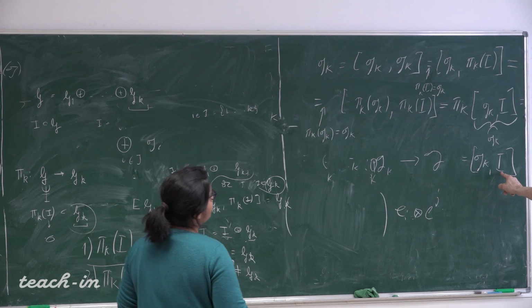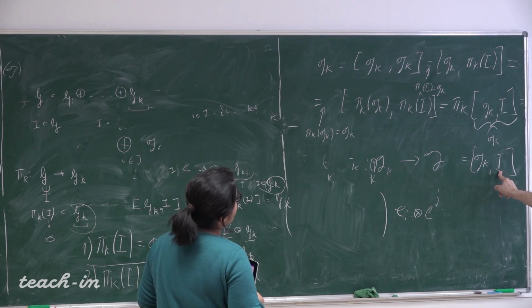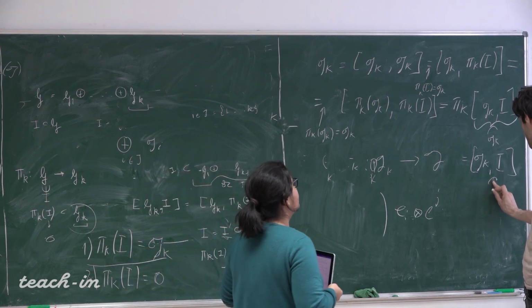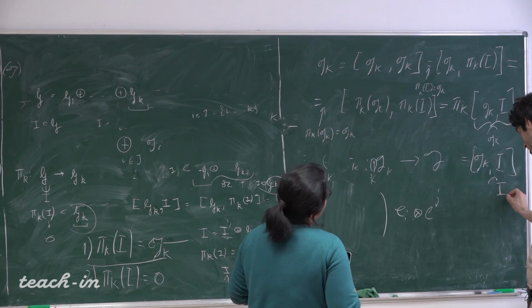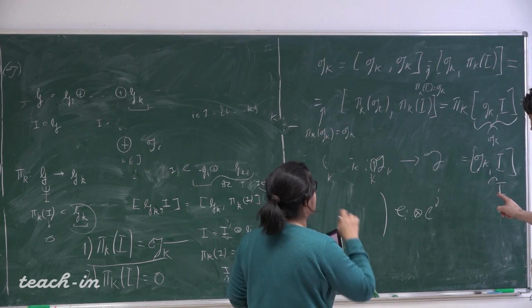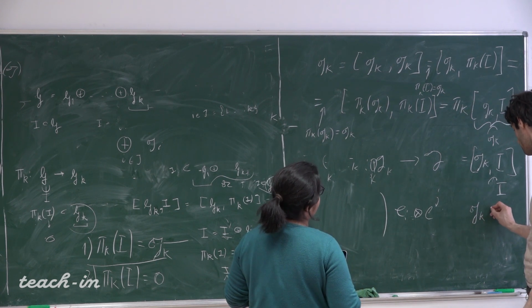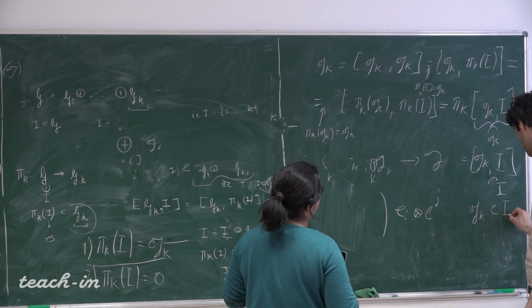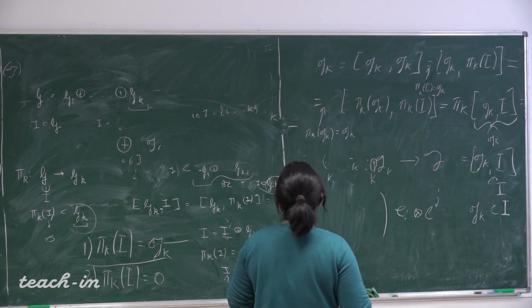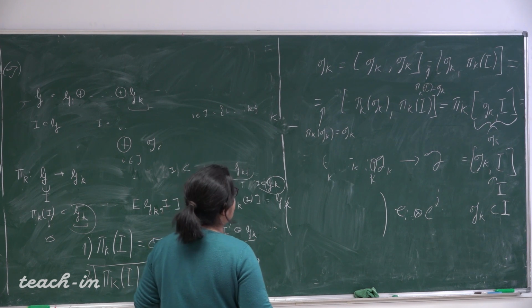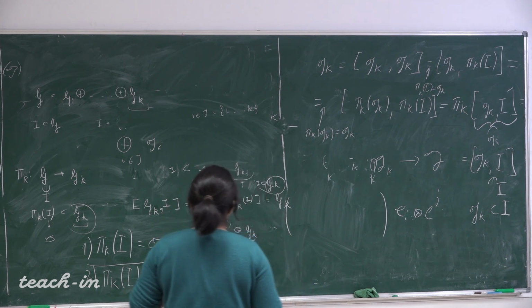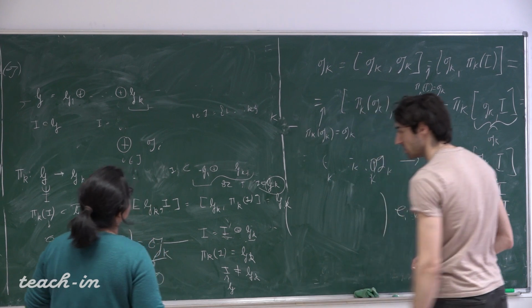But I is an ideal, so therefore this thing is inside gk, I. Now that's what we need. So gk is inside I.